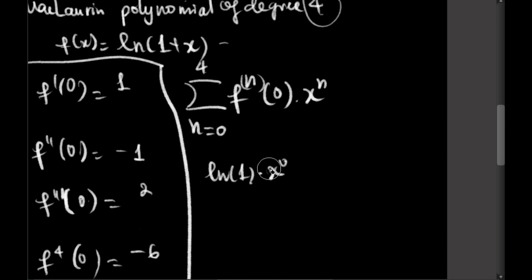I'm sorry, there's something wrong here. You can see that that is equal to 0, so we don't need to write it in our equation. So here, and now let's take a look at n equal to 1.